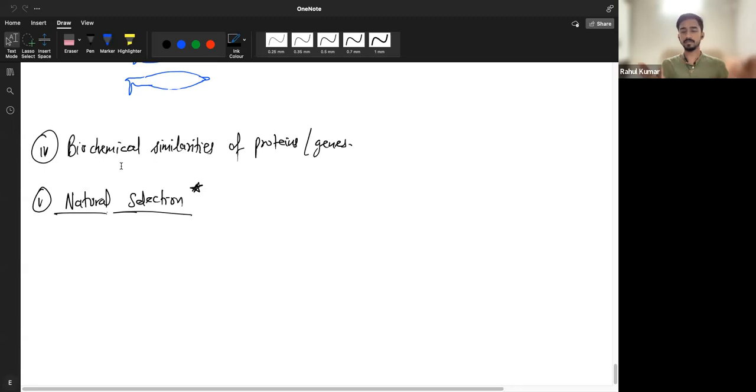It's in multiple species, including pigs, and it all works in the same way. There are slight differences, which is why we are using the word similarities, because they are not exactly the same. But the whole idea that one kind of gene or one kind of protein can be formed and can function across animals and species is another evidence that biochemically our genes have evolved from a common ancestry.